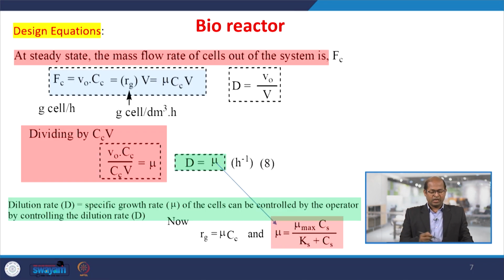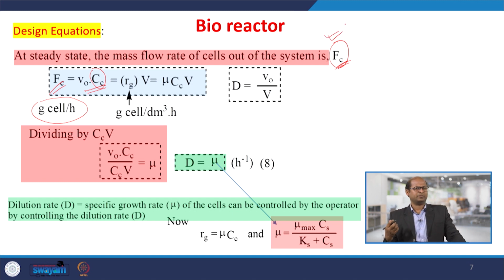Now at steady state, the mass flow rate of the cell out of the system is F_c. F_c is the mass flow rate for cell, mass per unit time. If we know the volumetric flow rate of the feed and the cell concentration and multiply them, we get gram cell per unit hour, that is the mass flow rate of the cell, since a molar rate is not possible to measure.